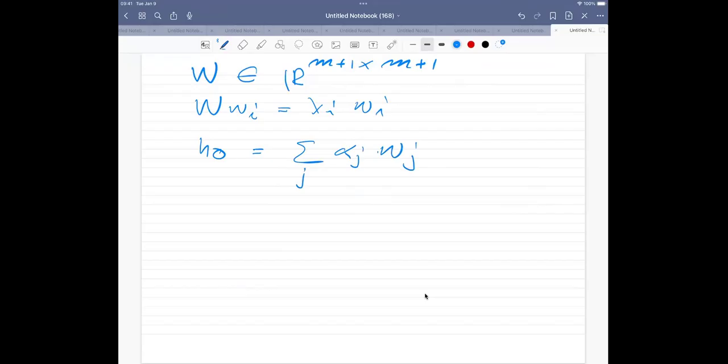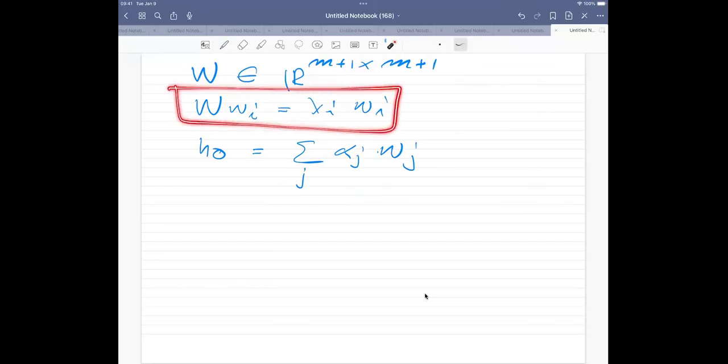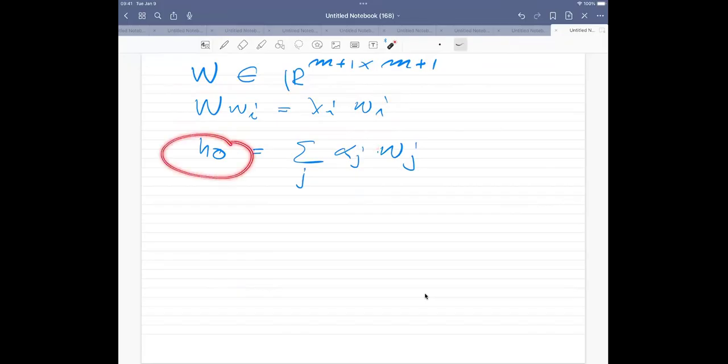Wj with a subscript is the eigenvector of the matrix W. This is the eigenvalue problem, and this forms an orthogonal basis. When I have such a basis, I can make a superposition and represent another function in terms of that basis. This is the standard linear superposition principle which you have classically and quantum mechanically.